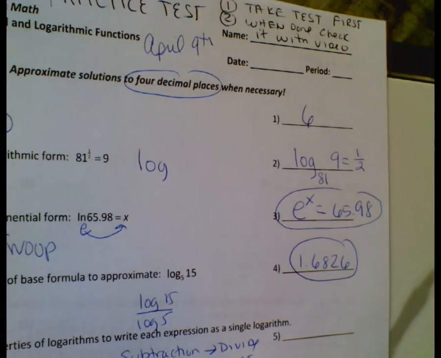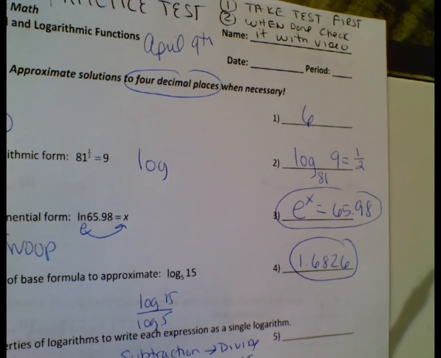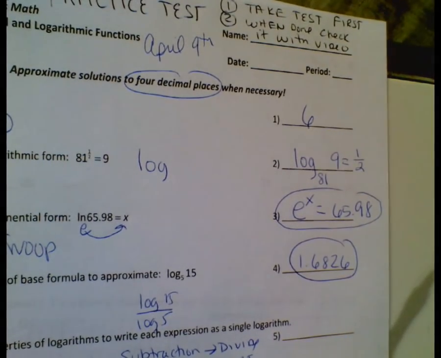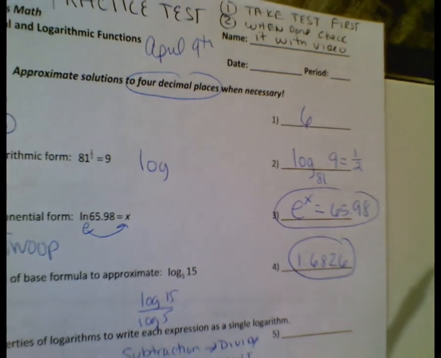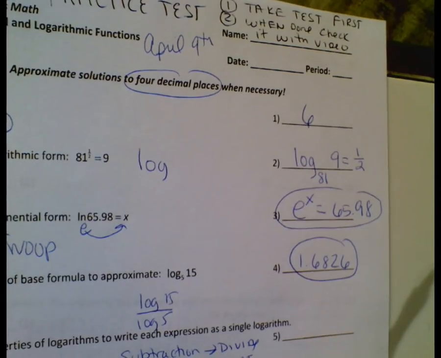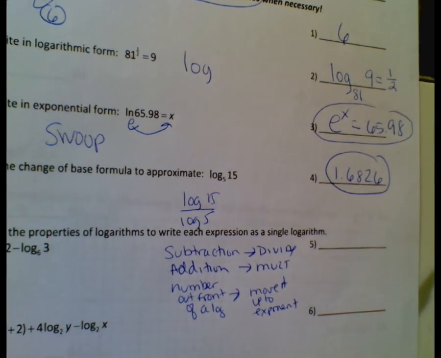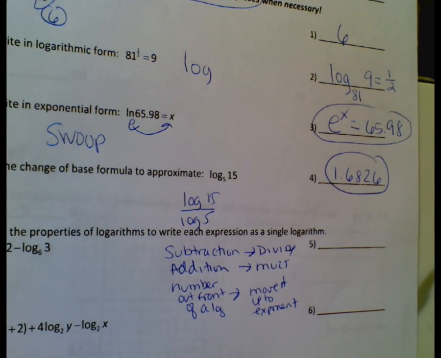And when you see a number out front of a log, move it up to an exponent. Those are basically your 3 properties of logarithms. Subtraction means division, addition means multiplication, and a number out front of a log, move it to an exponent.